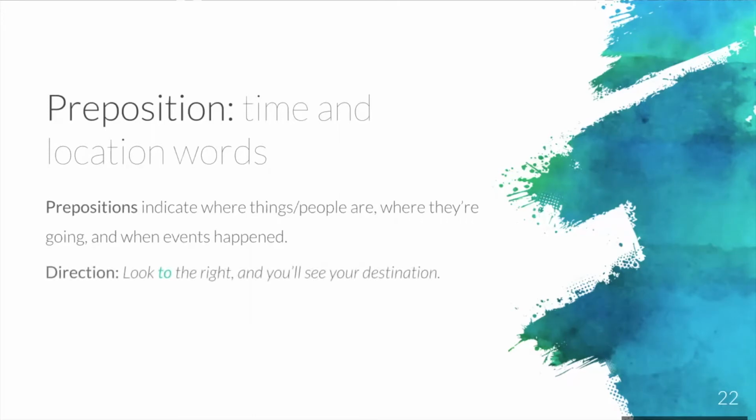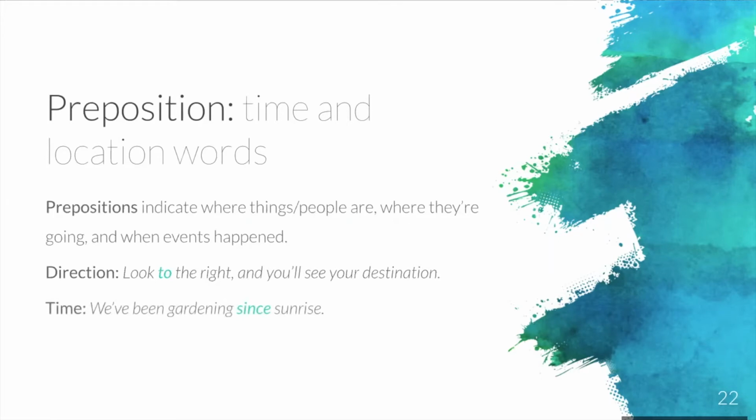There are a few main types of prepositions, one being direction. When you want to indicate where something is going, those would be directional prepositions. An example is: look to the right and you'll see your destination. In this case, to is the preposition because it's connecting the direction.